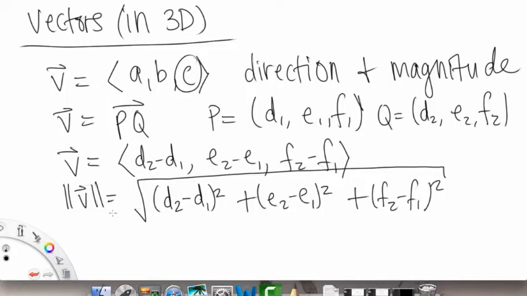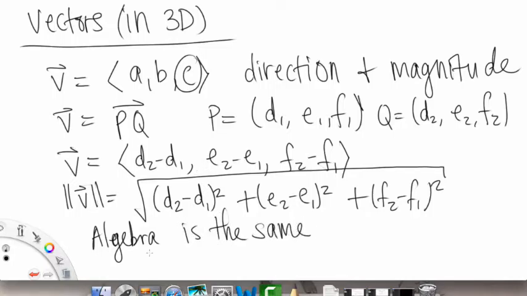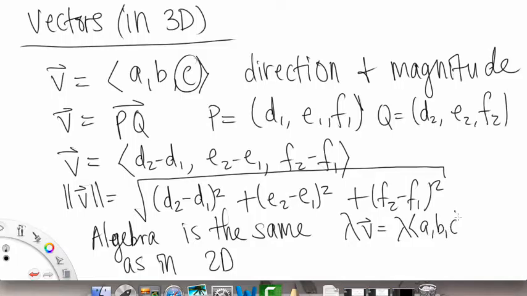Okay? And then also, just a last note on the vectors here, algebra. Working with the algebra is the same as in 2D. Basically what that means is that scalar multiplication is going to be the same. So if we were to do that, then it would just be lambda times a, b, c, and the lambda would just factor in to each of those.